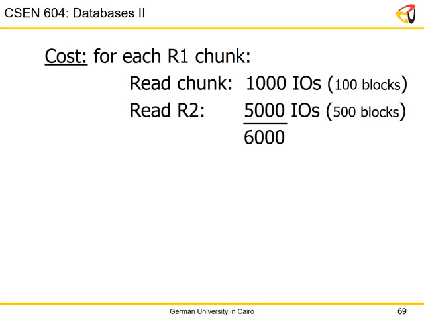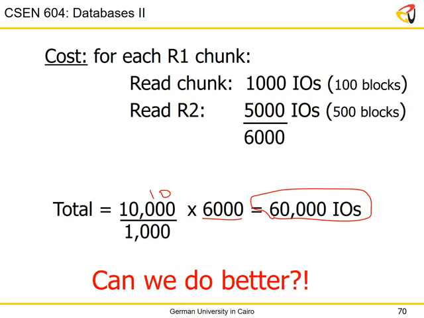But what is this enabling me to do? It is to match 1000 rows from R1 with all of R2. But R1 has 10,000 rows. Okay? So I will actually do that 10 times. The 6000 is for matching 1/10 of R1 with all of R2.